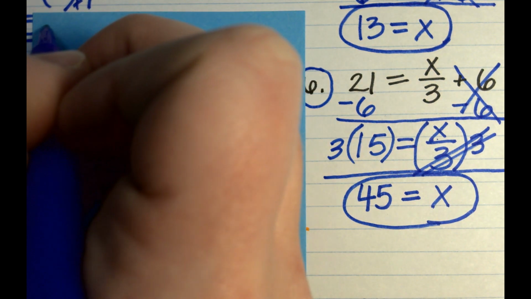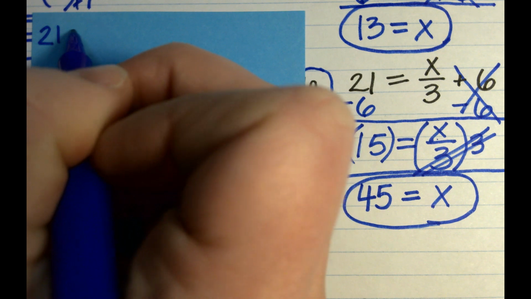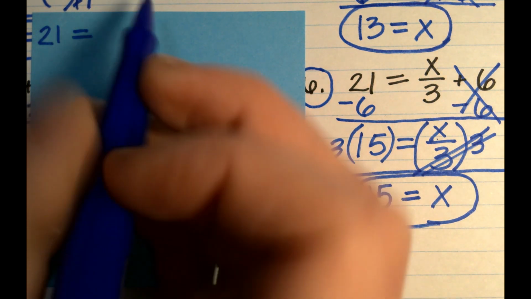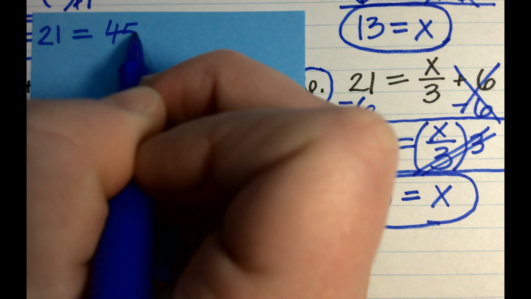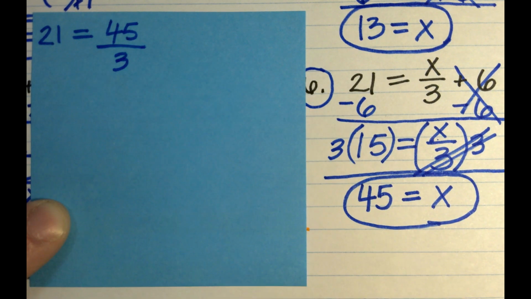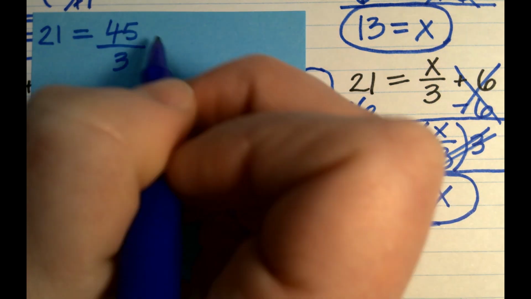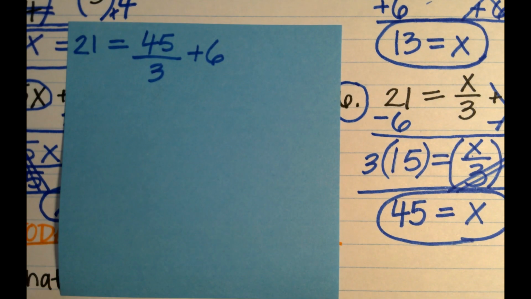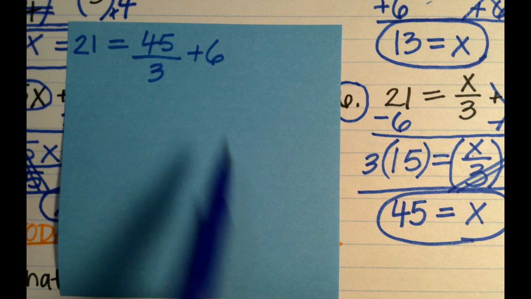So 21 equals x over 3 plus 6. Instead of x, we'll write 45 over 3 plus 6. Okay, so 45 divided by 3 plus 6 should be equal to 21.